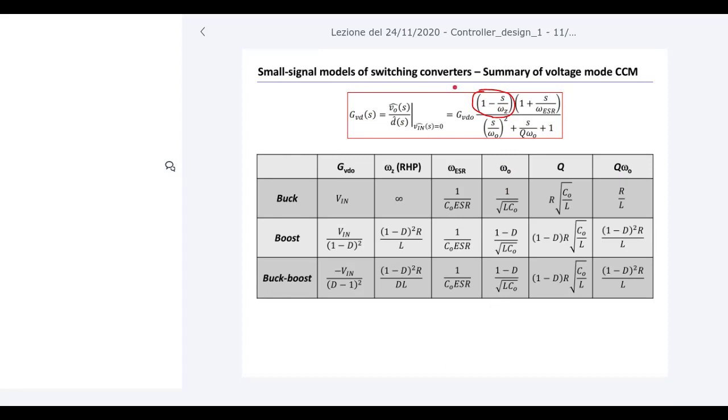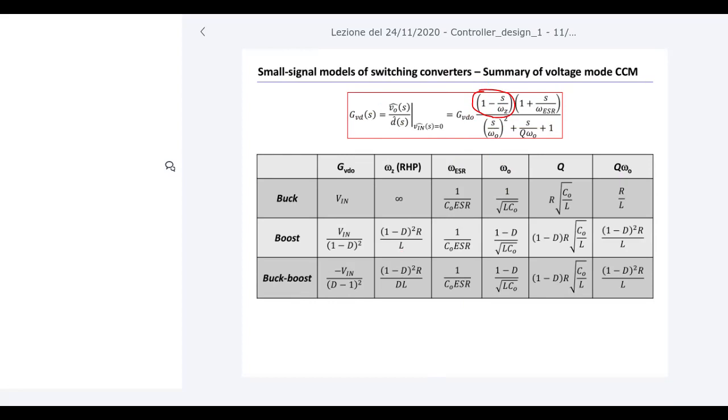Something I already said to the electronics students, but we will make evident this contribution here in the next lecture. Okay, so boost and buck boost in DCM, because they have no right half plane 0, so this is not present, and buck in CCM to avoid large electrical stress of components when it is operated in DCM.